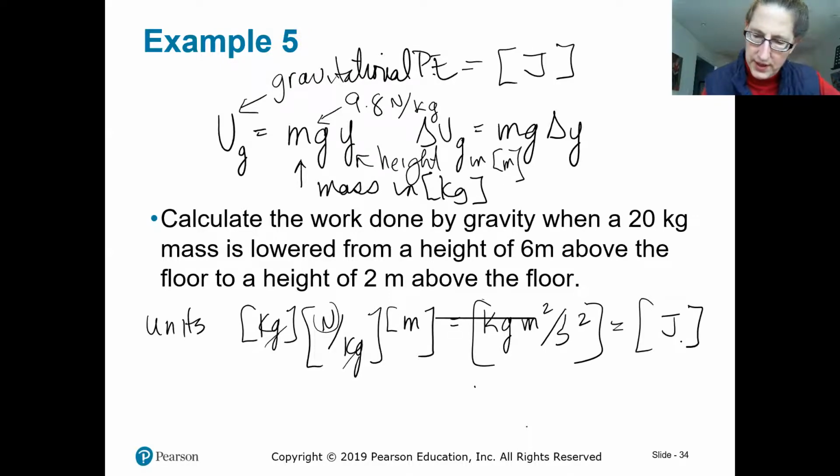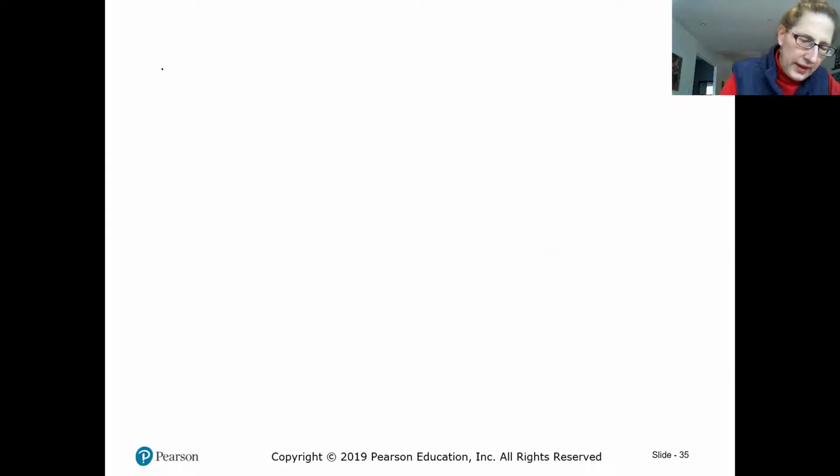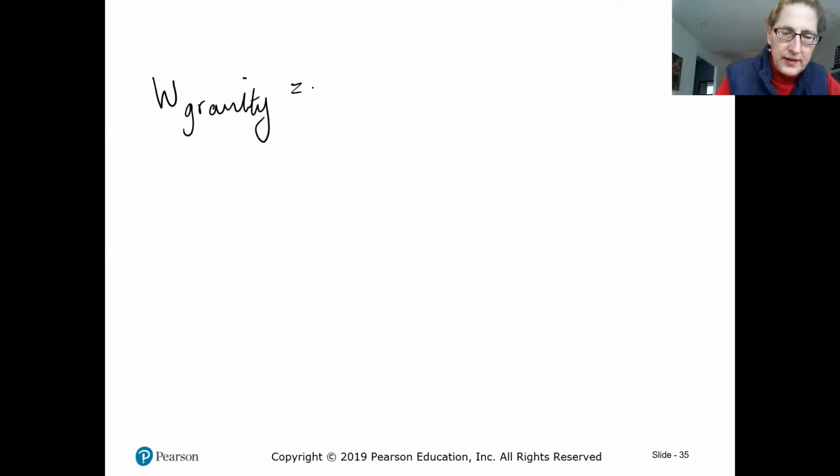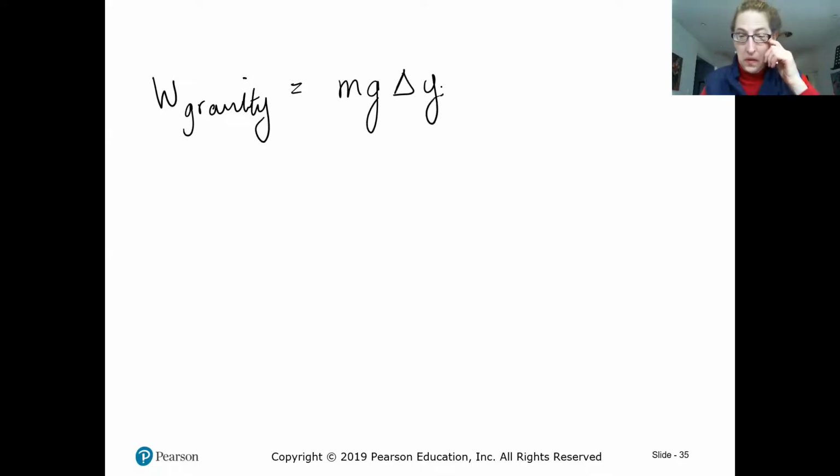Okay, so we want the work done when this 20 kilogram mass is lowered from 6 meters to 2 meters. So work by gravity is mg delta y. Has to be a change.